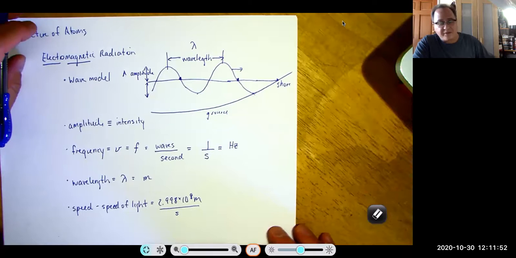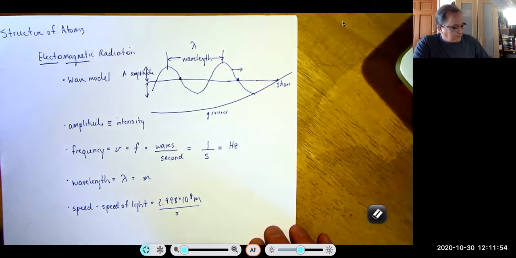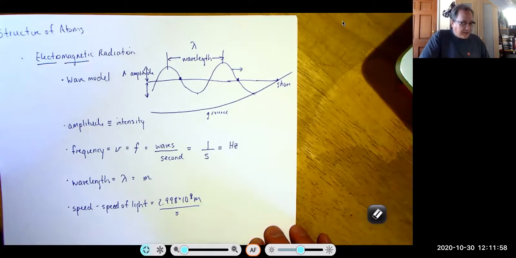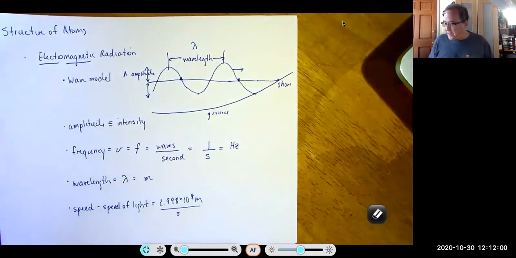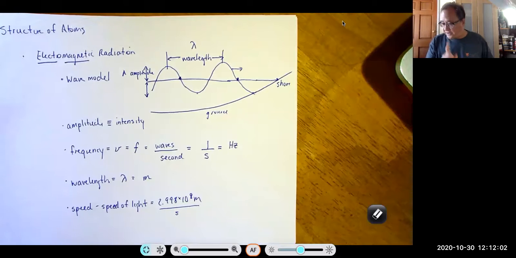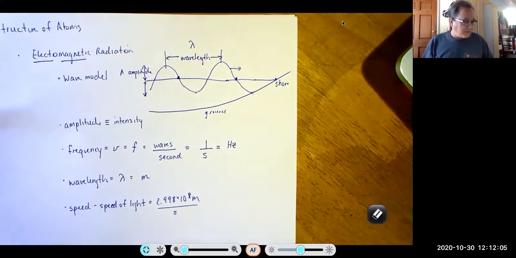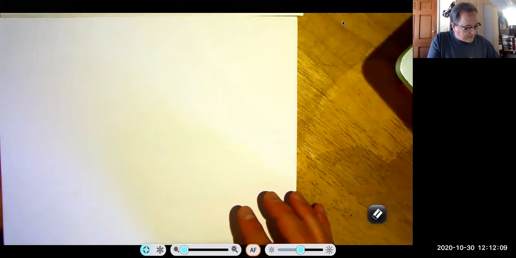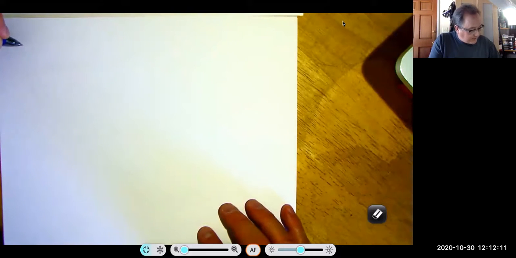And it doesn't travel that much slower in air. So this is the very first section about electromagnetic radiation. And there are how many equations? One equation that they give you that you should memorize. But before I give you that, well, I'll go ahead and give you that equation. So this is still electromagnetic radiation.